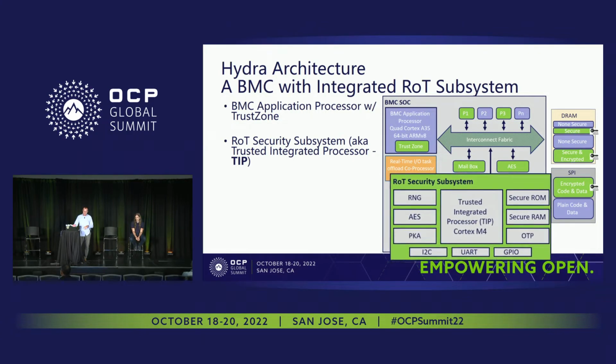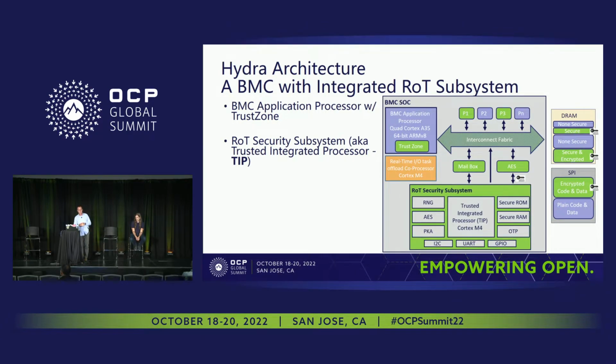We have the root of trust security subsystem, which is self-contained. It has all the internal components and modules to be able to provide the relevant functionality. We call it TIP, the Trusted Integrated Processor. It would have all the crypto engines and capabilities inside.